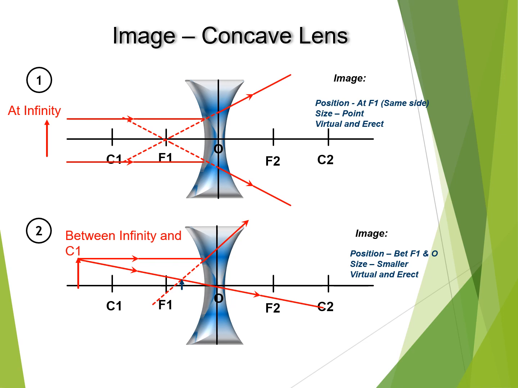Here in concave lens, you will find that in both the conditions the image is virtual and erect. So in convex lens and concave mirror, there are going to be 6 positions, or in concave lens and convex mirror there are going to be 2 positions.